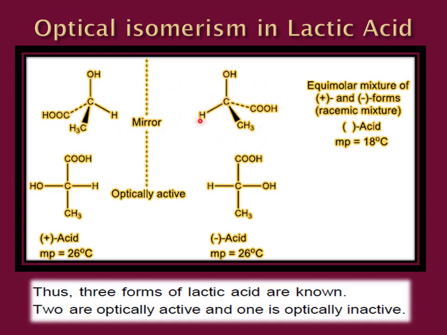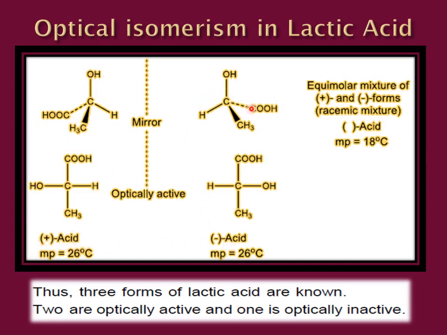This is another representation of the same molecule. The positive sign indicates that this enantiomer is a dextrorotatory compound, means it is going to rotate the plane of the polarized light towards right. And this enantiomer is going to rotate the plane of the polarized light towards left; the negative sign is indicating that.